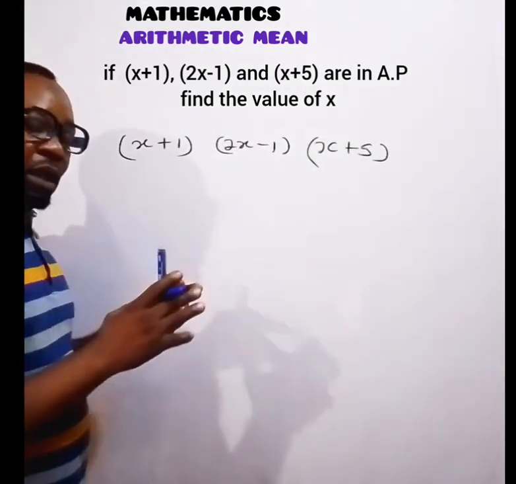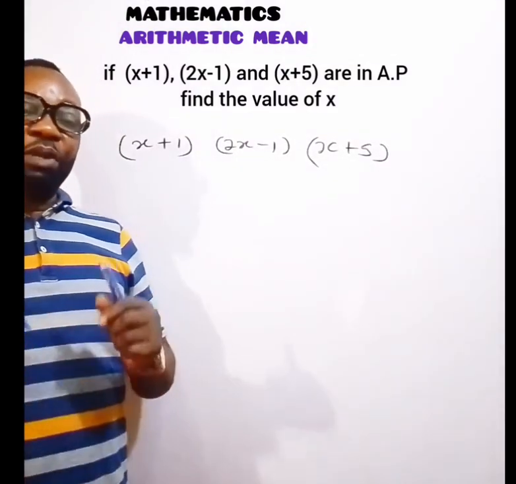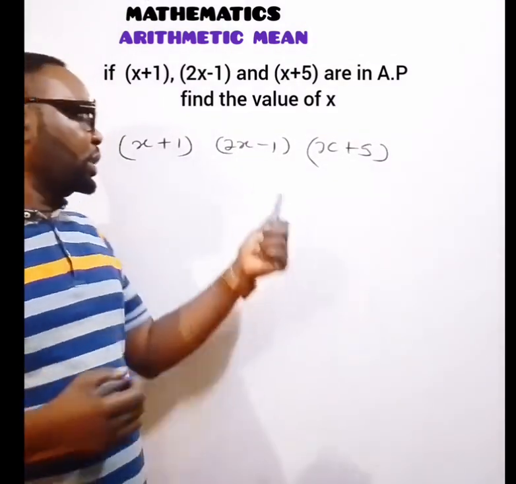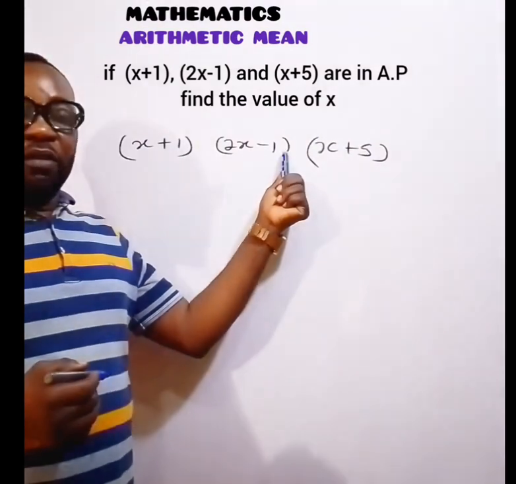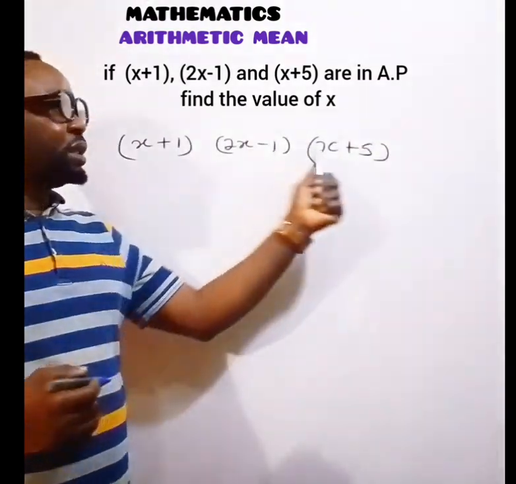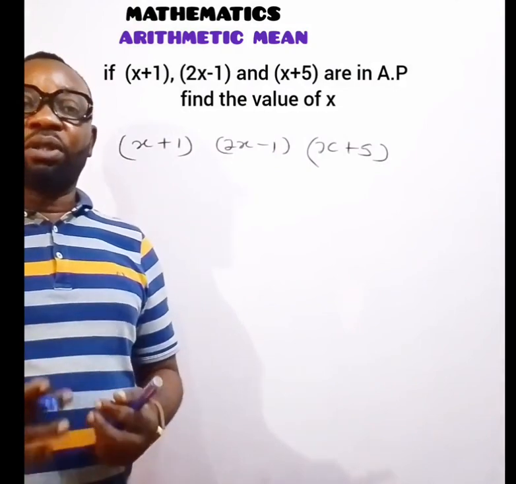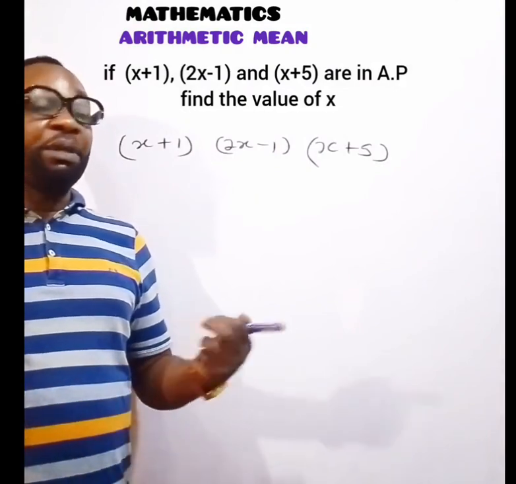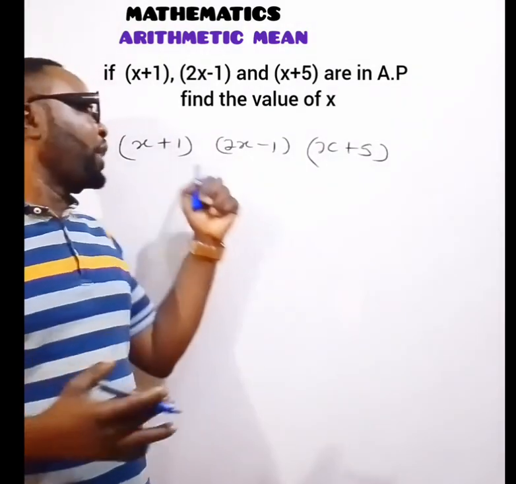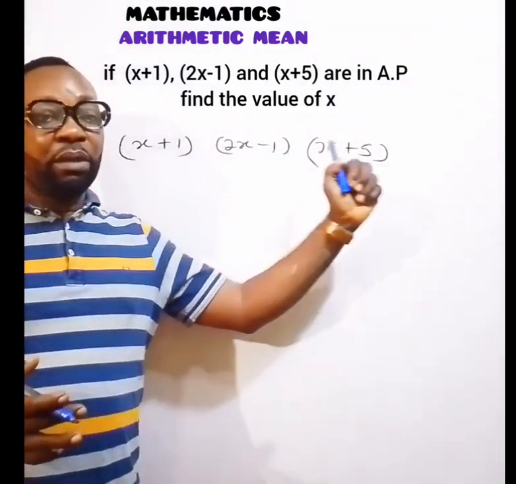Now, in arithmetic mean, you should know that the value we have in between the first term and the third term is always equal to the arithmetic mean. That is, it will be equal to half of the addition of the first term and the last term.